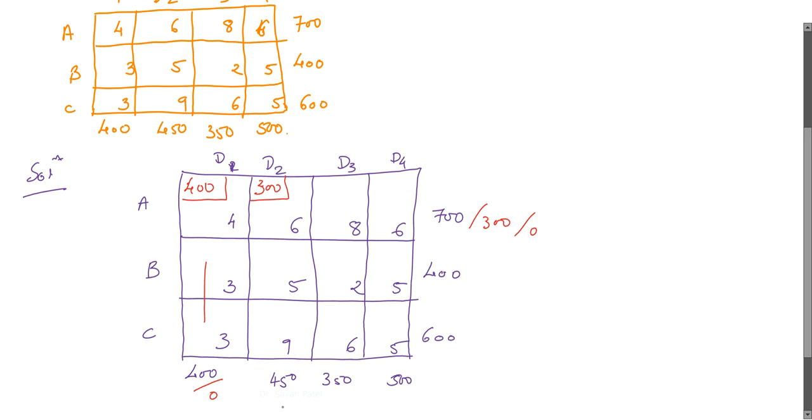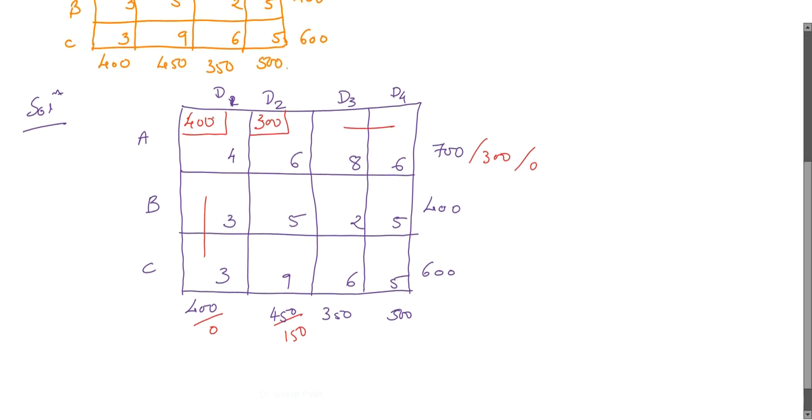Here it is 0, and here we are left with 150. Since this is 0, this row is cancelled. Now the northwest corner is this one, the minimum of 150 and 400 is 150, so 150 here. Here we are left with 0 and here with 250.